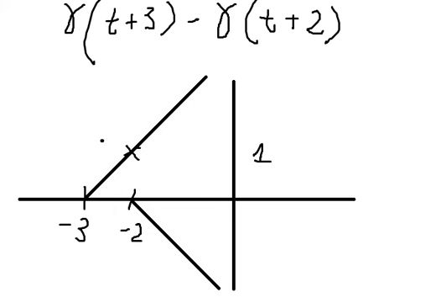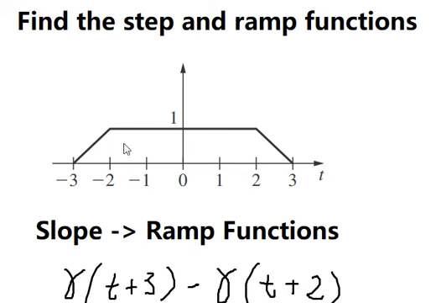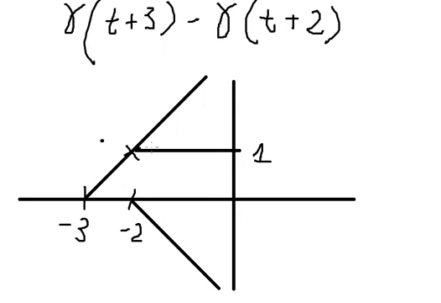So the next one, we want to create this one in here. So we need to subtract this area in here. To subtract this area, we need to subtract another ramp function in here.